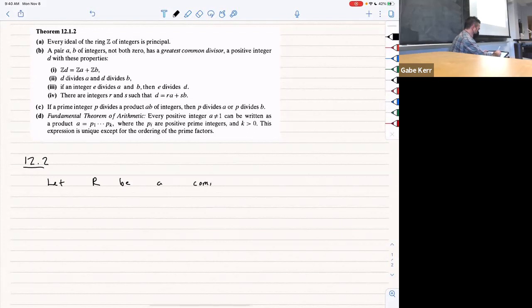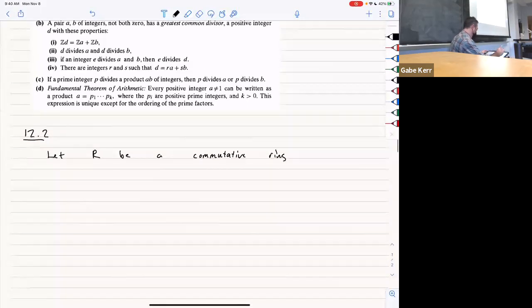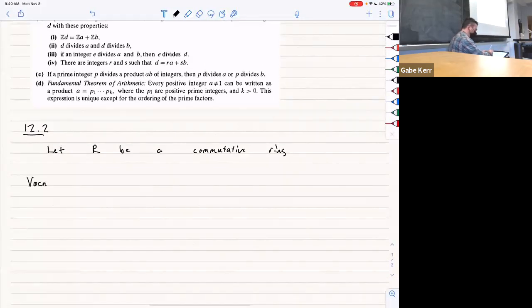Make a vocab table. We'll have two different kinds of definitions. One will be wordy, and the other will be math.